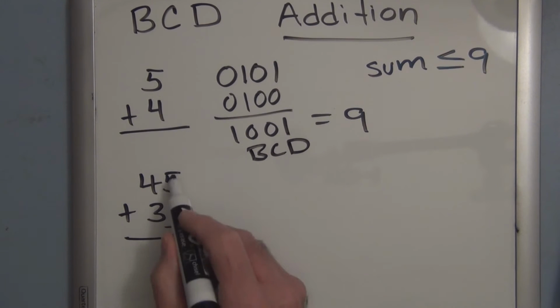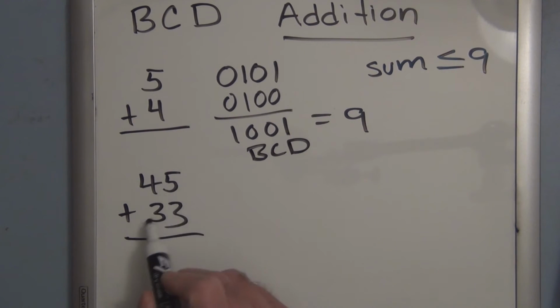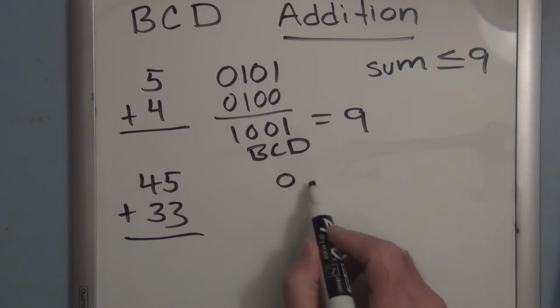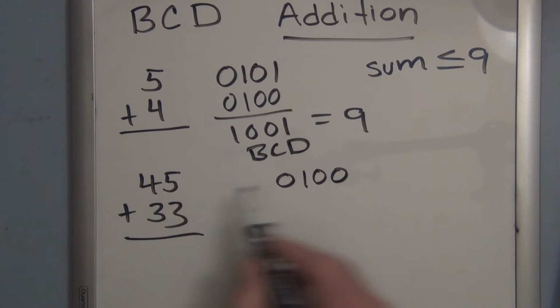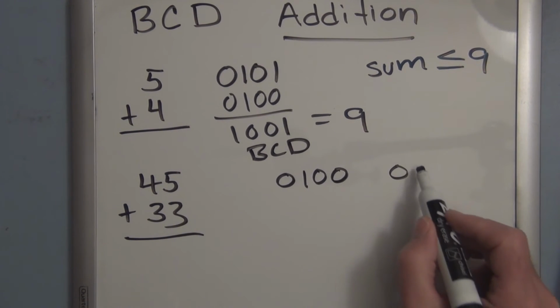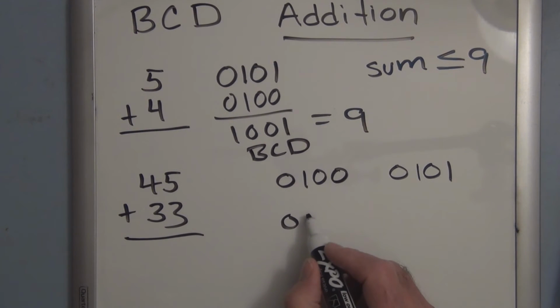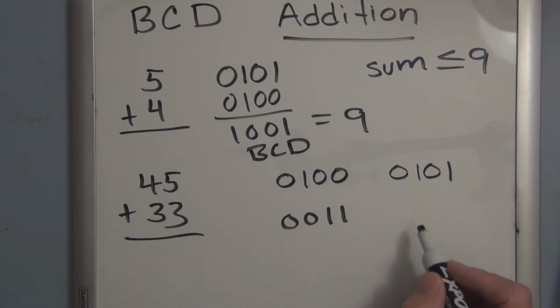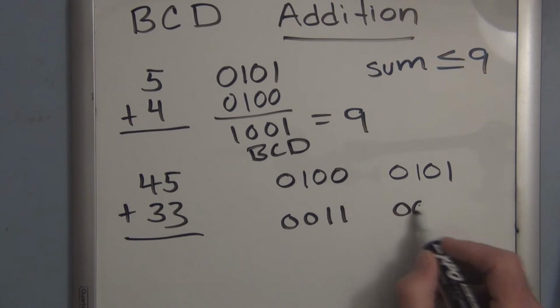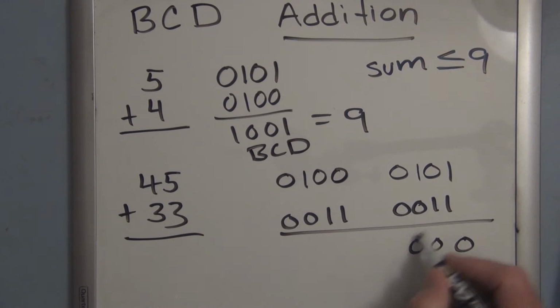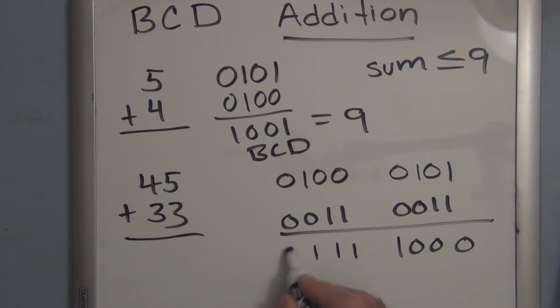For this one, we have to break this into the individual binary coded decimals. This is 0100 for the 4. The 5 is 0101. The 3 is 0011. And the 3 again, 0011. If we add these up, we get 1000 and 0111.